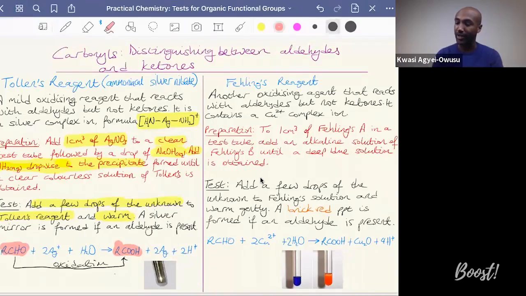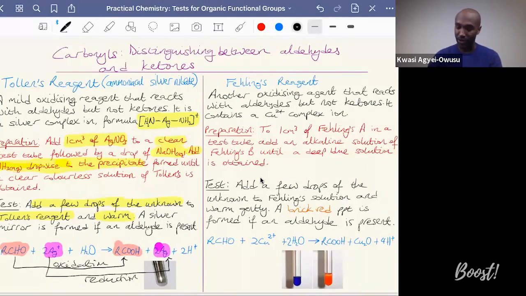And if we use a different color, I guess we can pick this purple color, you've got your silver ions becoming the element silver. And of course, that is a reduction. Remember, the reduction is the gain of electrons, so Ag plus gains an electron to become Ag. And so here is our reduction.